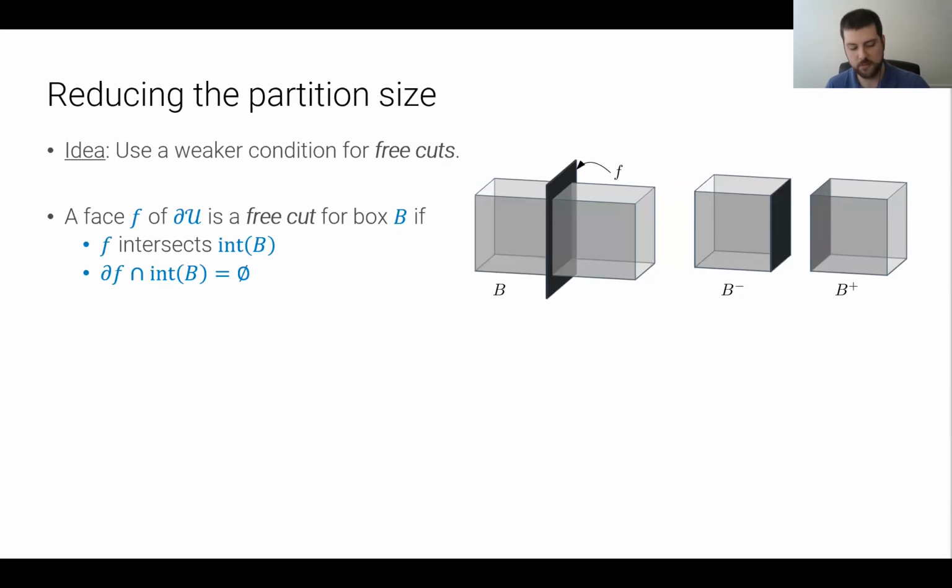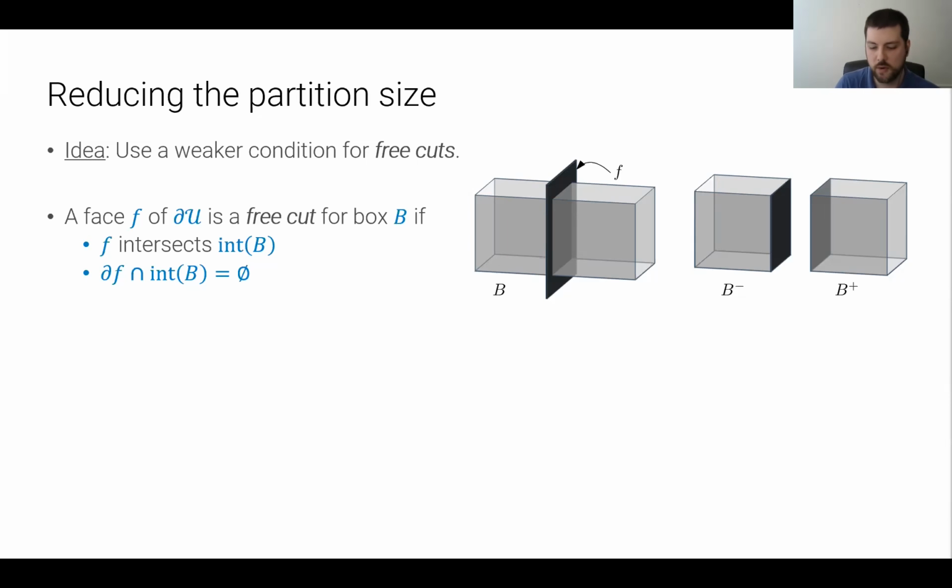Right, so let's maybe just get the high-level idea for reducing that partition size, reducing the log factors on K. So we had this notion of free cuts, which was used heavily in that lemma earlier. And the idea is to use this weaker condition. So what is the definition of free cuts as stated currently?